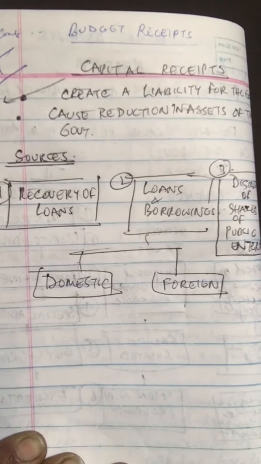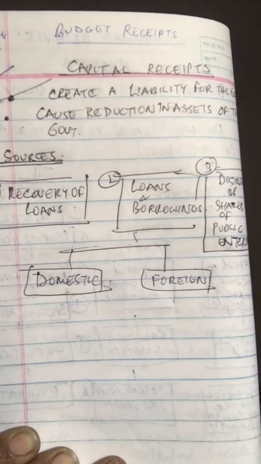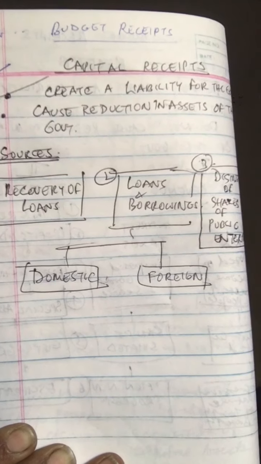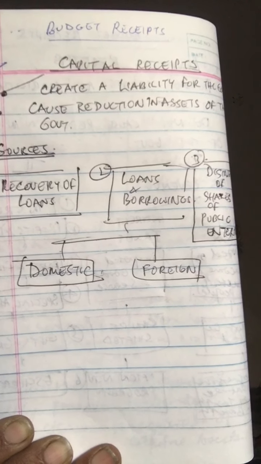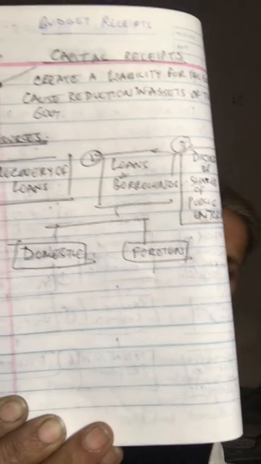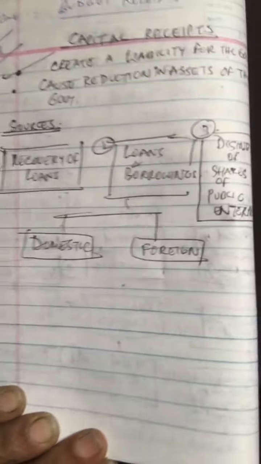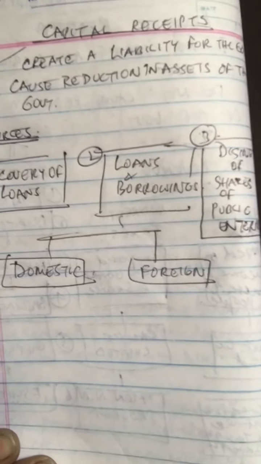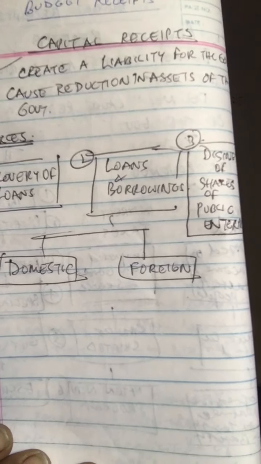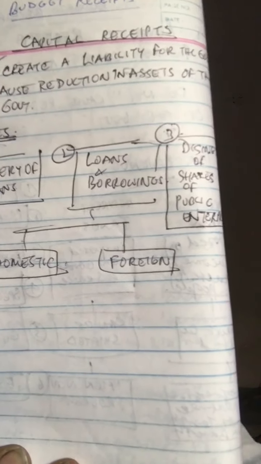For example, money received by the government by selling its shares in a public enterprise causes reduction in assets of the government. They are therefore to be treated as capital receipts. In short, they are those monetary receipts which either create liability for the government or cause reduction in the assets of the government.